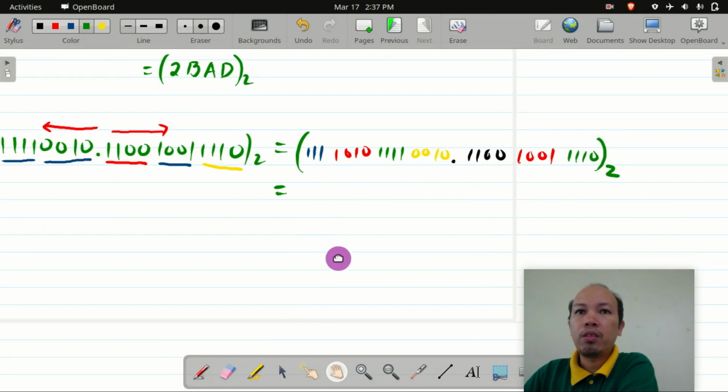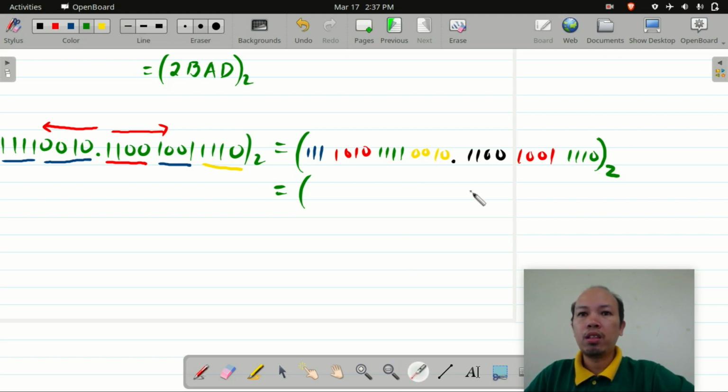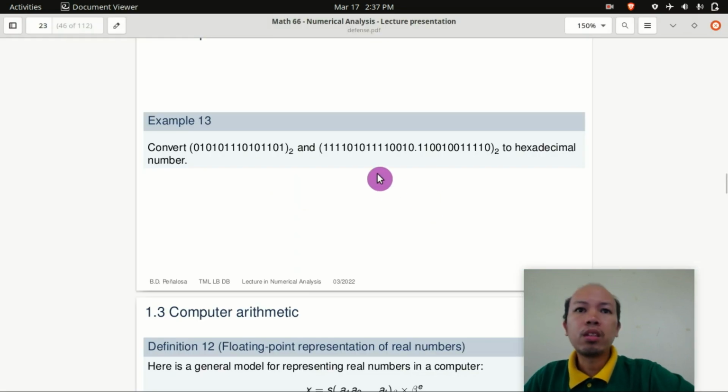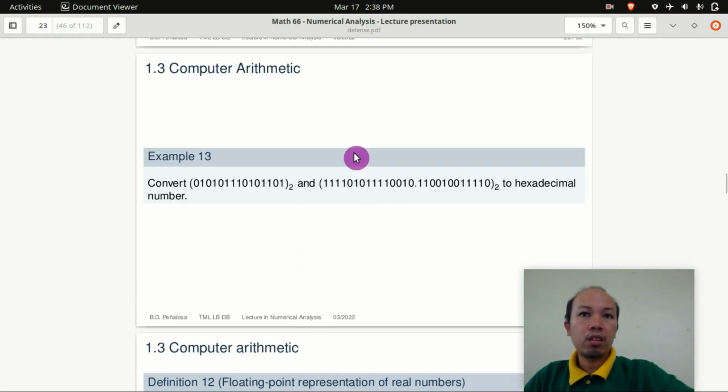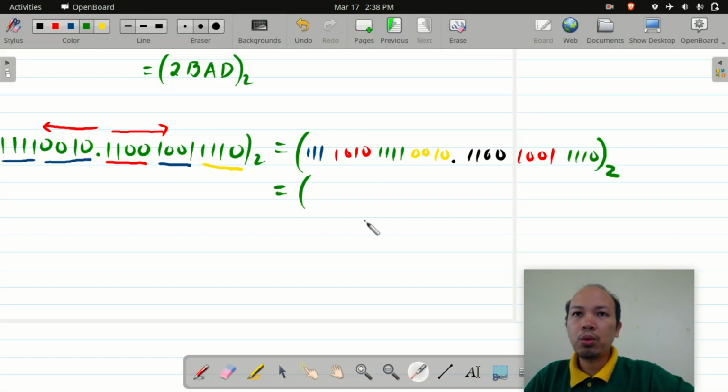Okay, so finally we can replace it. Let's say color green, for this part here, 0, 0, 1, 0. 0, 0, 1, 0 is 2.